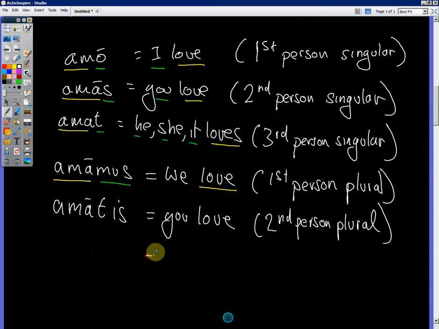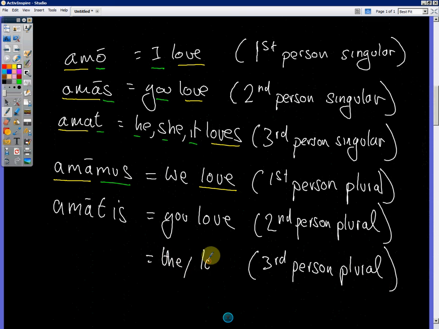So we need now to go for the third person plural. Well, what's the plural of he, and of she, and of it? We say they in English. They love.